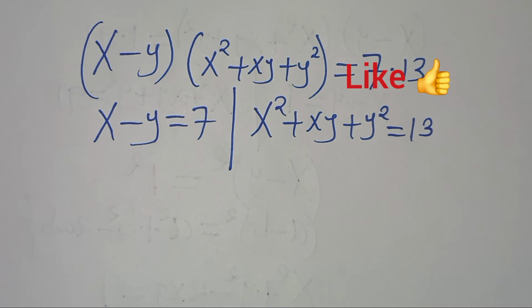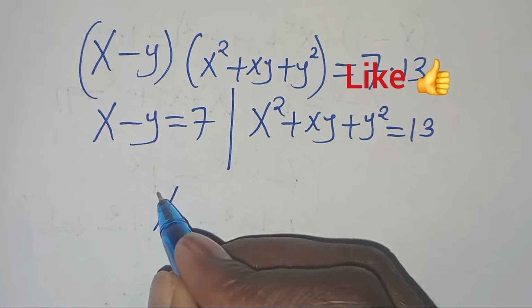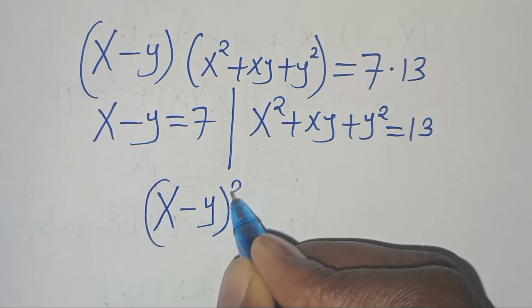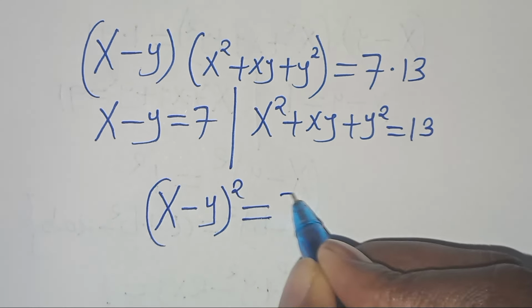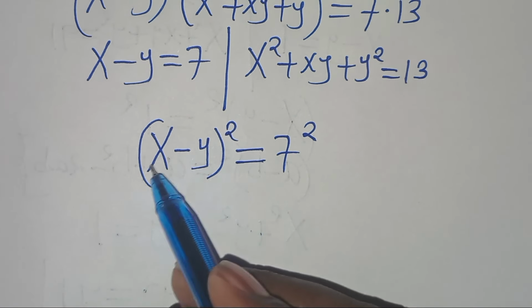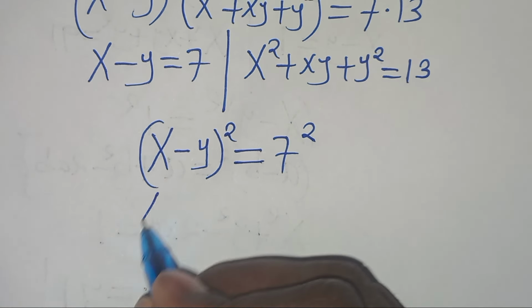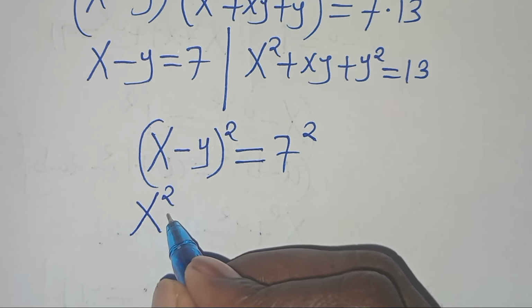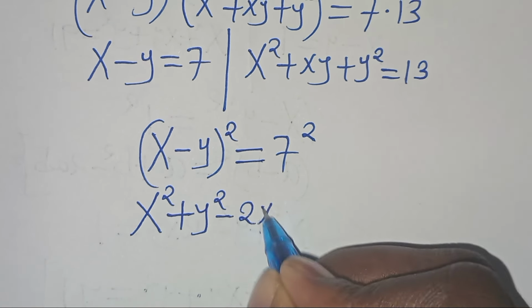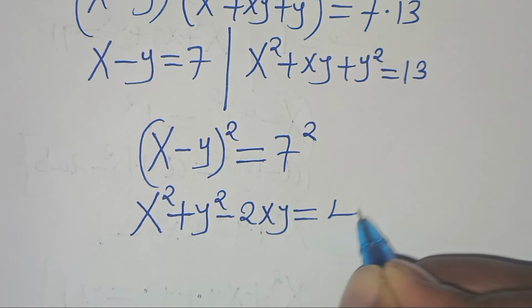Okay, so from here we can square both sides for x minus y raised to the power of 2, equal to 7 to the power of 2. So now let's expand this equation here: x to the power of 2 plus y to the power of 2 minus 2xy is equal to 49.